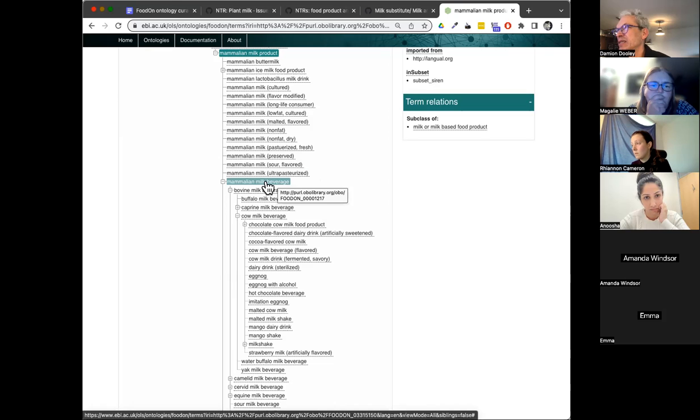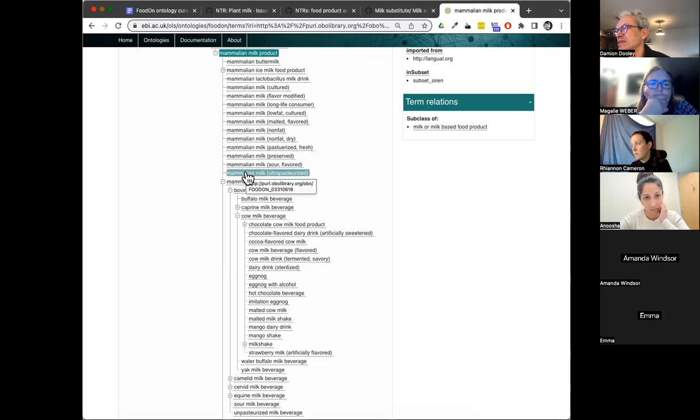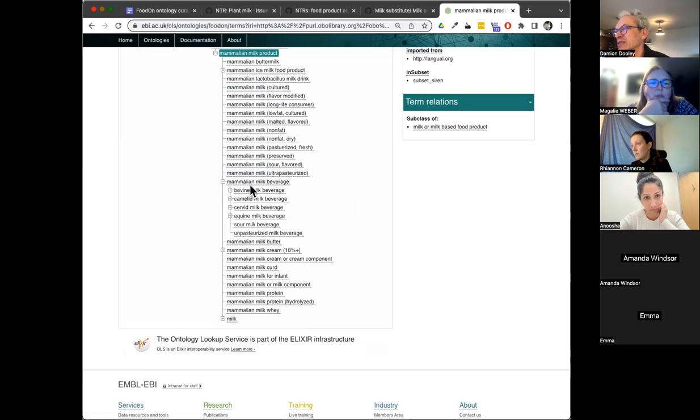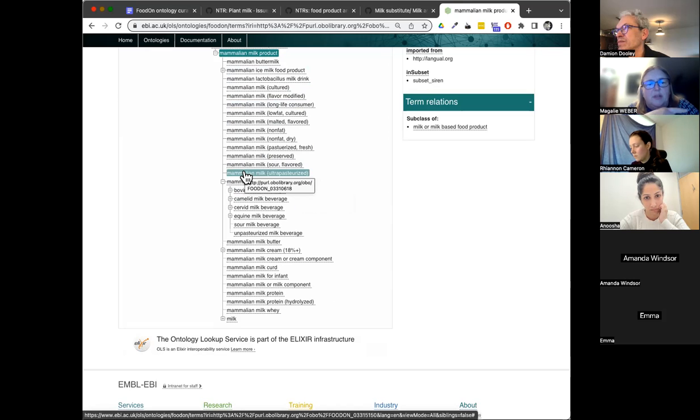It could just be mammalian milk, and then all of these guys could be under it. Mm-hmm. And then we get into the bovine. Mm-hmm. So on the one side, it is milk by species, and on the other, it is milk by process.